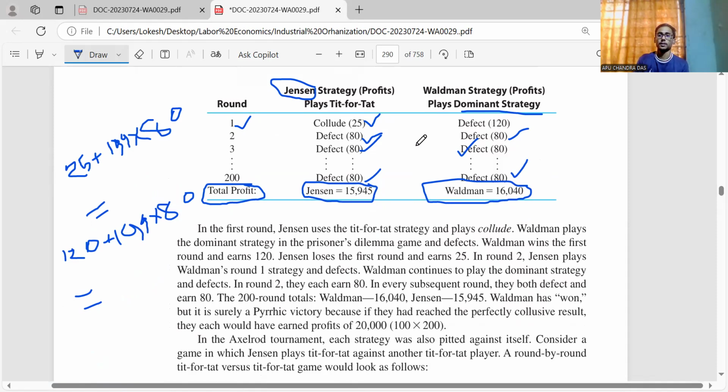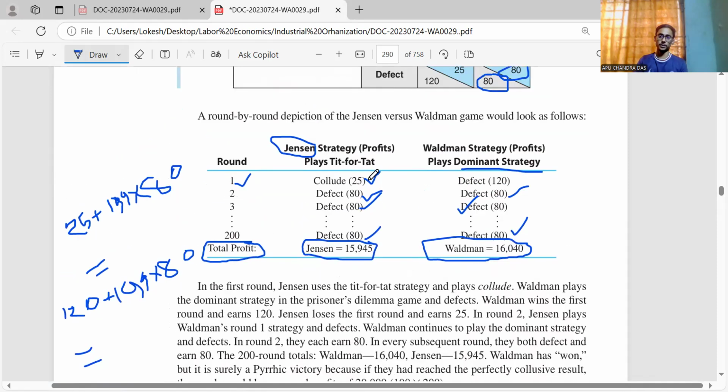So here we can see the explanation of the above table and the calculation we have done before. In the first round, Janssen uses the Tit-for-Tat strategy and plays collude, and he earns a profit of $25. Waldman plays the dominant strategy in the prisoner's dilemma game and defects, and he earns $120. So after round 1, Janssen earned $25, but Waldman earned $120 by defecting.